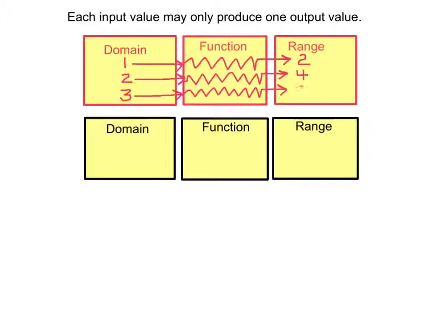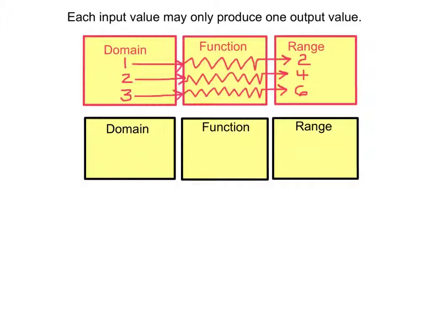Its value is 6. What we can see here is that each one of these values maps to a unique value in the range. 1 maps to 2, 2 maps to 4, and 3 maps to 6. This is a valid function.